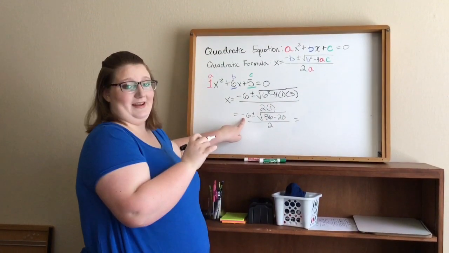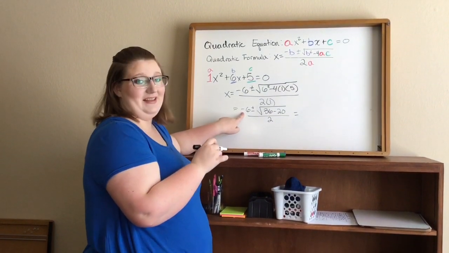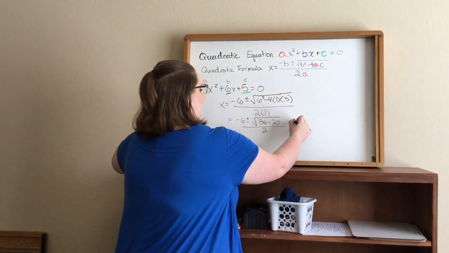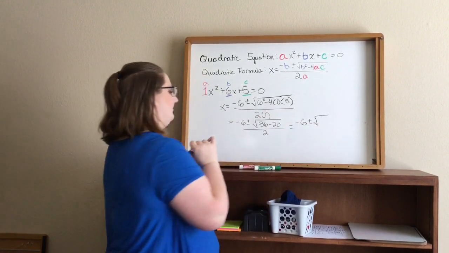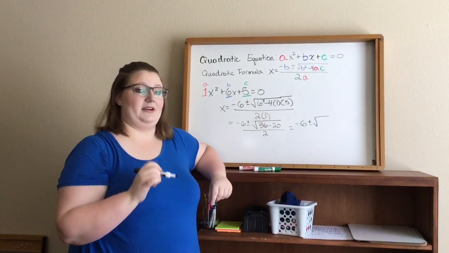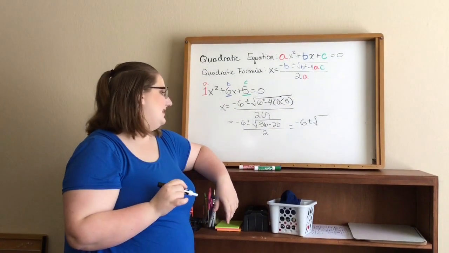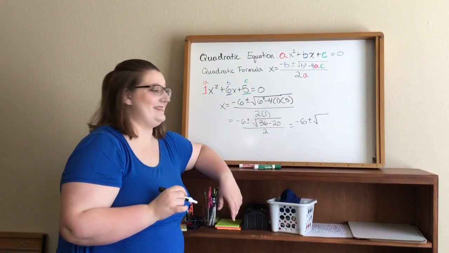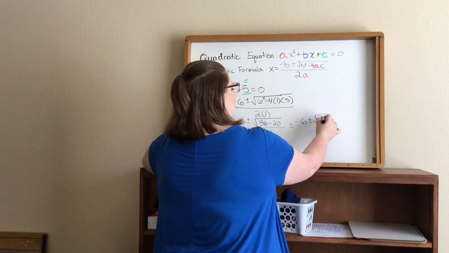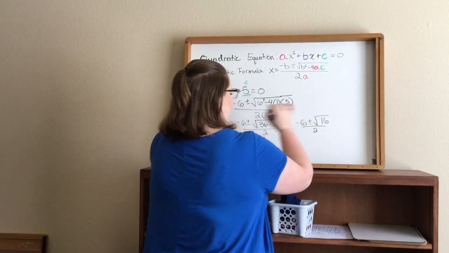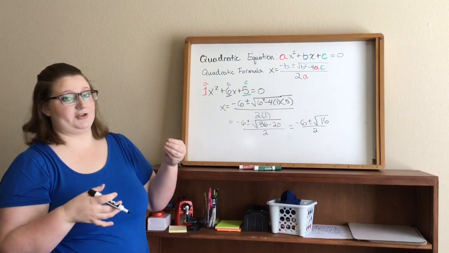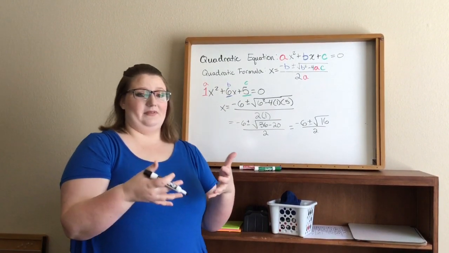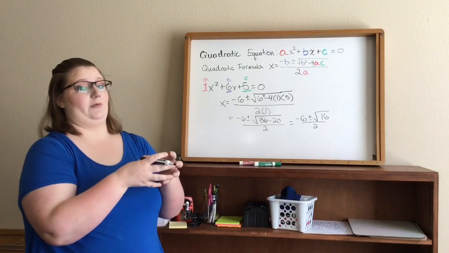So starting at the beginning, once again, to simplify, we can't do anything with our negative 6, so we'll leave that the same. Plus or minus the square root of 36 minus 20. So 36 minus 20 is 16, all over 2. And then at this point, now that we have one number inside of our square root, the next step to simplify is to try and simplify that square root.